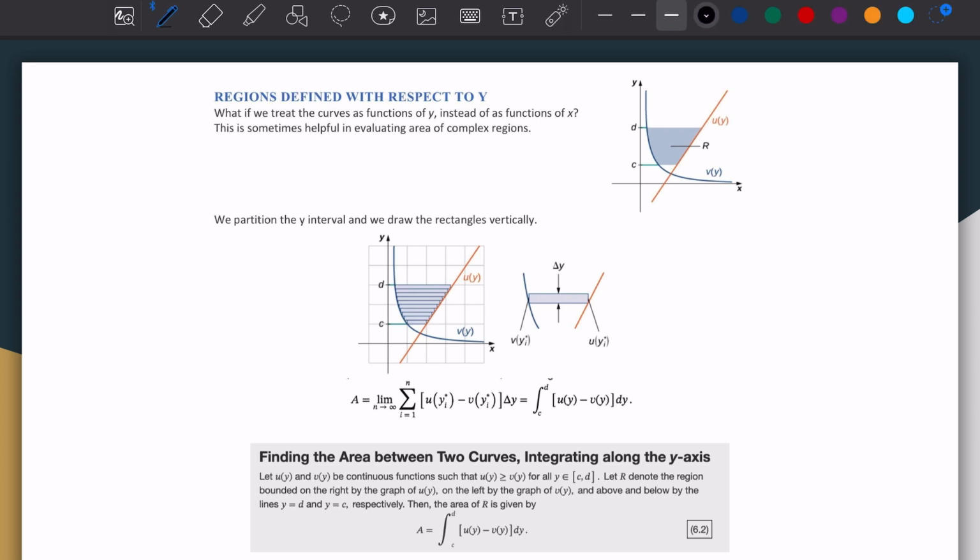And now instead of top minus bottom, it's just going to be the right minus the left, which, as you can see up here, is u of y minus v of y, since within the shaded region, it's the orange minus the blue. And now, instead of vertical rectangles, we're doing horizontal ones.